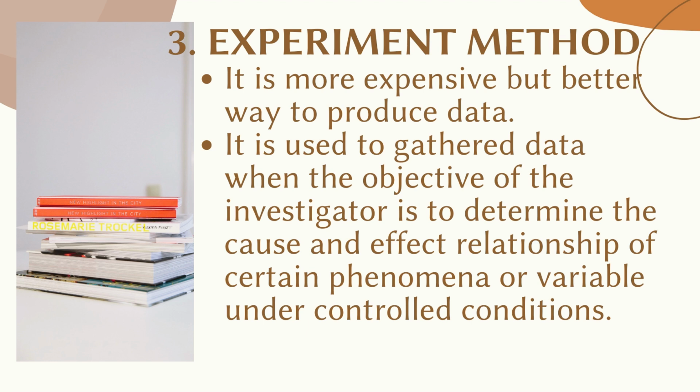It is the more expensive but better way to produce data. It is used to gather data when the objective of the investigator is to determine the cause and effect relationship of certain phenomena or variables under controlled conditions.